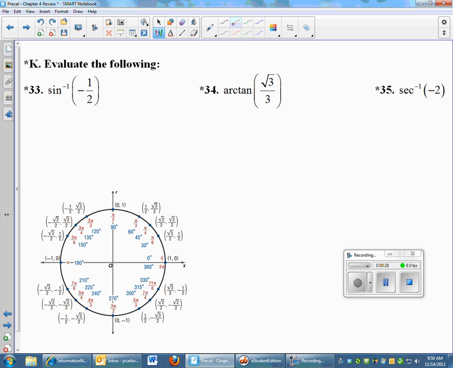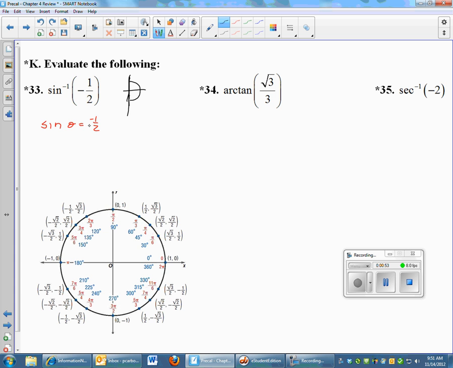Remember, that's the same thing as saying, sine of what angle is -1/2? And what you have to remember with inverse trig is that you have to know your restrictions. I gave these to you in another lesson, but for your inverse sine, you have to look on the right side of the circle. You only give the answer that's on the right side of the circle.